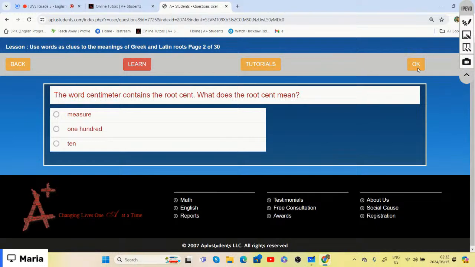Does cent mean 100? Or does cent mean 10? We need to now say what the root cent means.